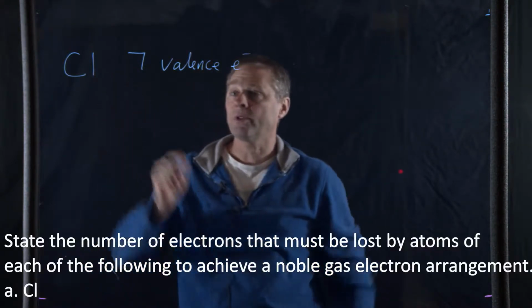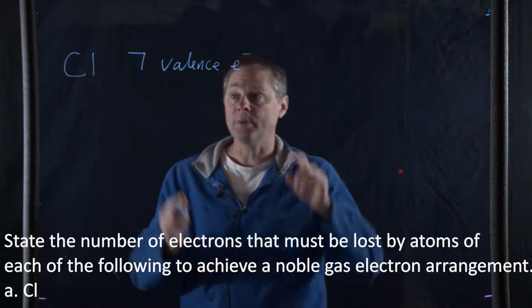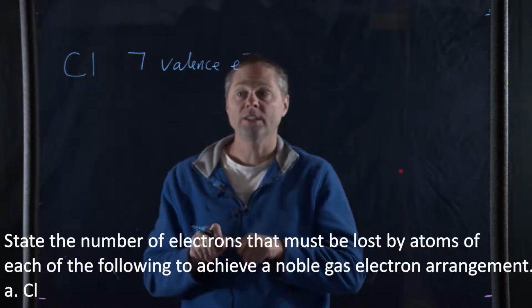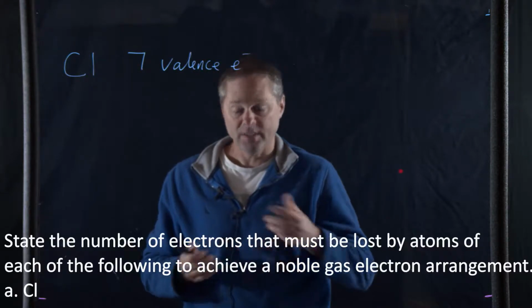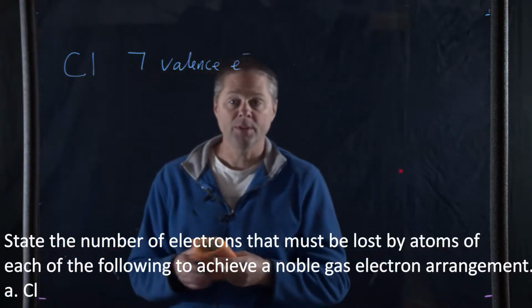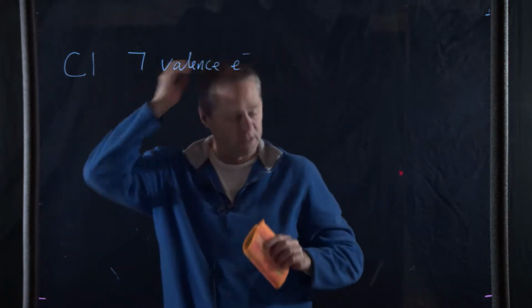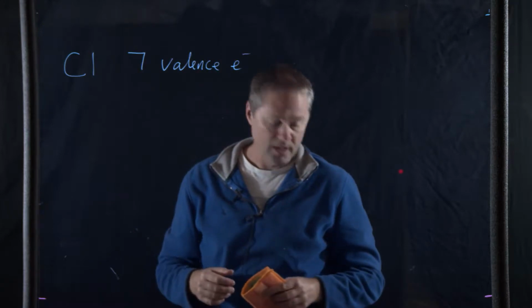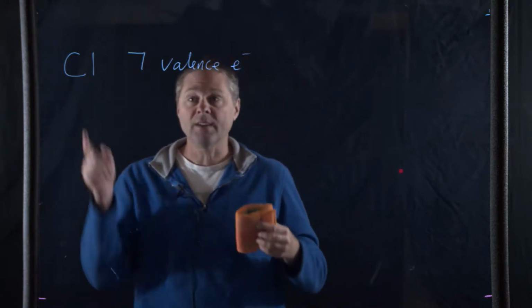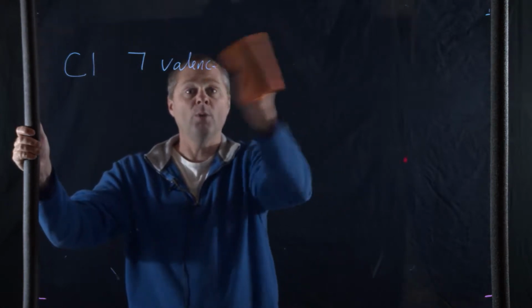And so in order for chlorine to have a noble gas arrangement, it's going to have to lose 7 valence electrons. Thus, this becomes the answer for all the questions in this particular problem, but we'll march through each and every one. So since chlorine is in group 7, which is called the halogens, it has to lose 7 of its valence electrons in order to have a noble gas arrangement.